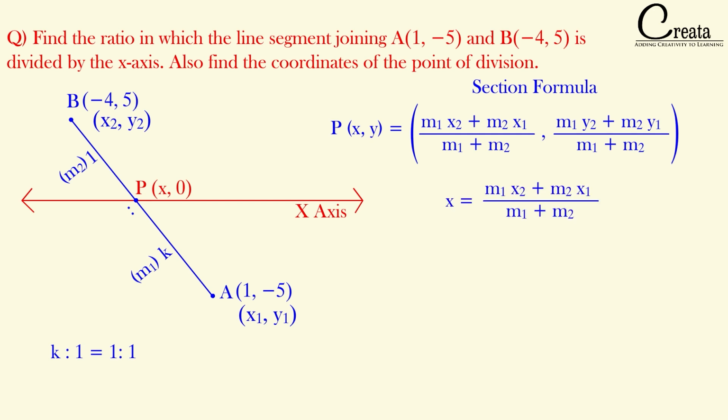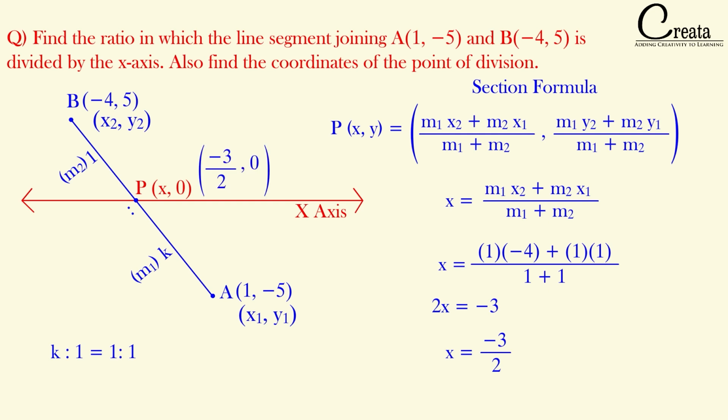We got x is equal to (m1 x2 plus m2 x1) upon (m1 plus m2). We know all the values. On solving, we got x as minus 3 by 2. So the coordinate of point P, that is (x, 0), will be equal to (-3/2, 0). This is the answer to this question. Okay, got it?